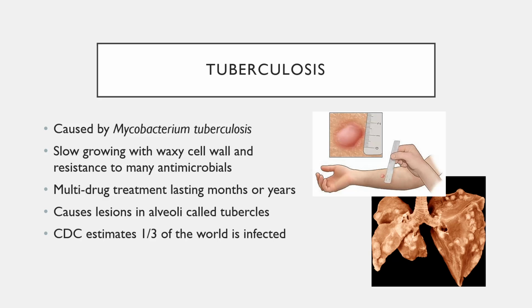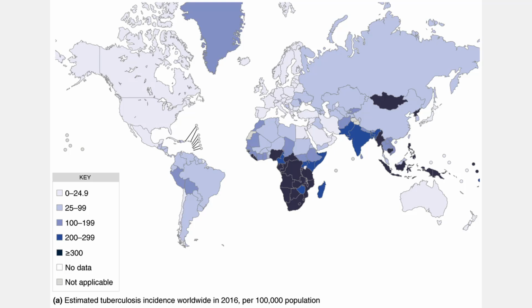This map right here gives you a picture of the incidence rate of active tuberculosis infections around the world, where the darker colored countries have a higher rate of tuberculosis cases, and the lighter colored countries have a lower rate. And as you can see, the highest concentrations are in sub-Saharan Africa, parts of Southeast Asia, India, Mongolia, hardly any in North America and Western Europe.